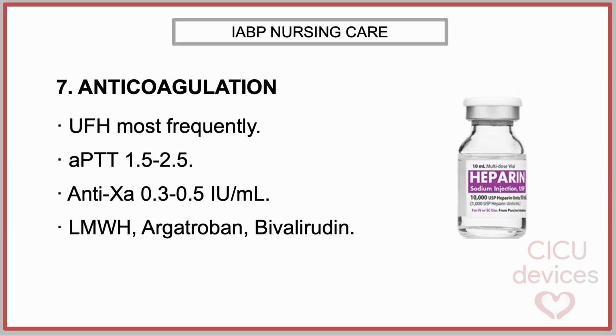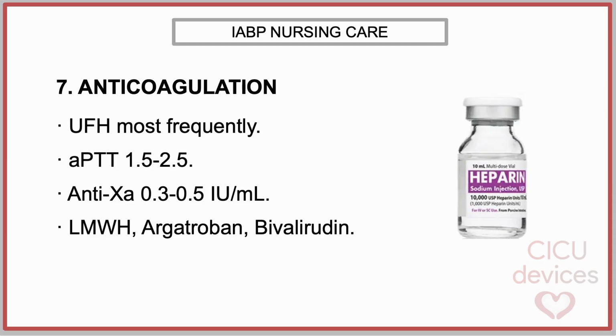However, APTT results vary significantly between reagents and instruments, and the therapeutic range should be adapted to the responsiveness of the reagent and coagulometer used at each institution. In critically ill patients, the APTT may be affected by multiple confounding factors.